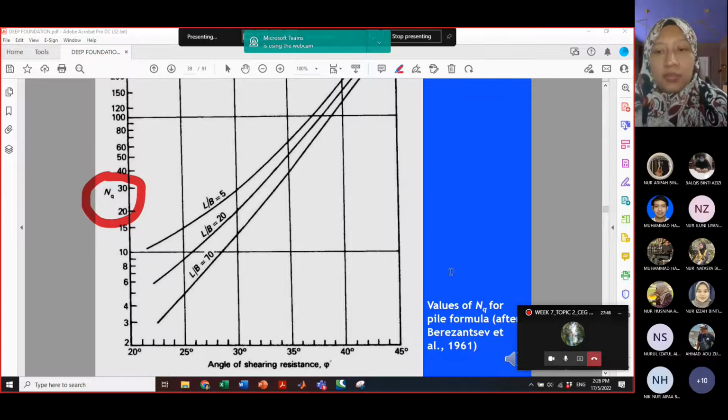Okay, this is one example of how we determine, estimate NQ for a given ratio L over B as well as the angle of shearing resistance.